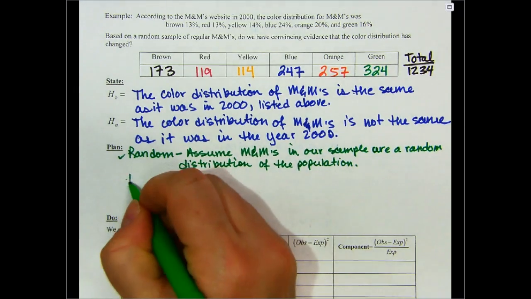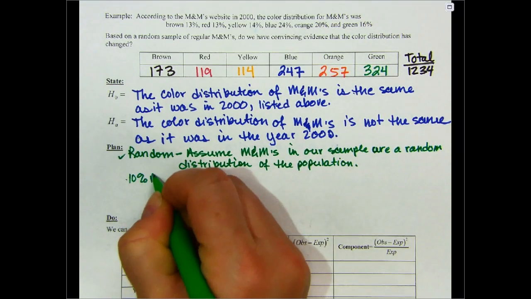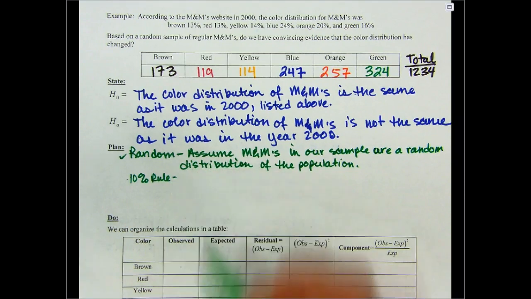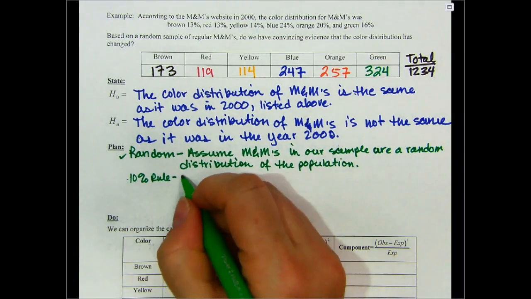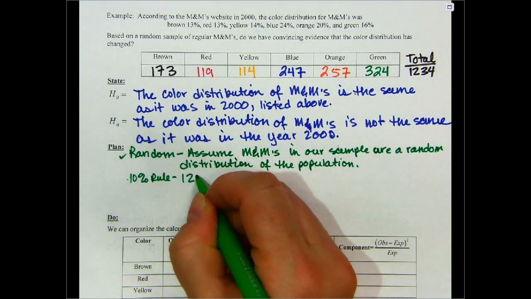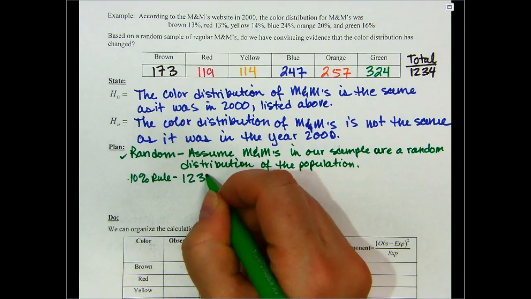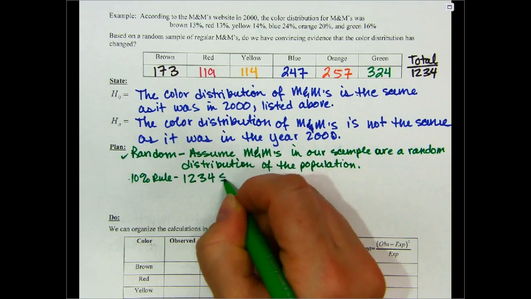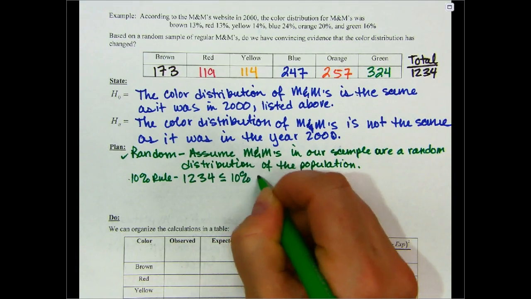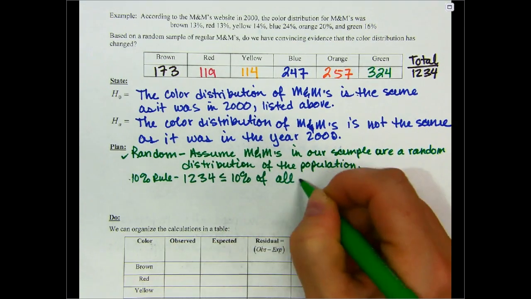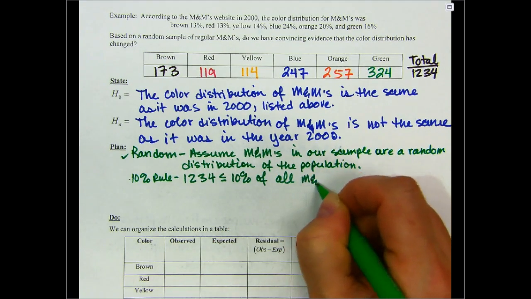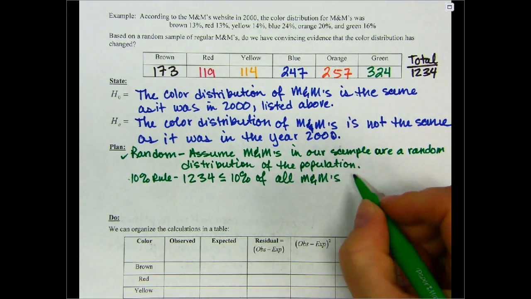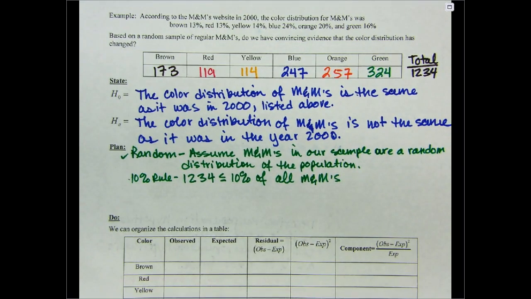Now the 10% rule. Can we say that 1,234 is less than or equal to 10% of all the M&Ms in the world? I believe so; there are probably more than 12,000 M&Ms in the world. So we're good on the 10% rule.